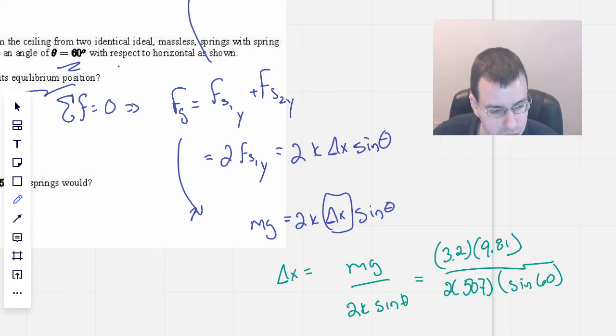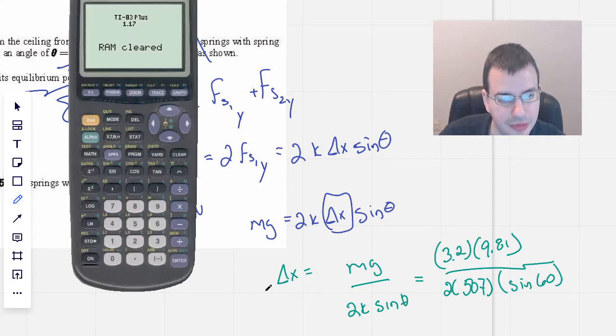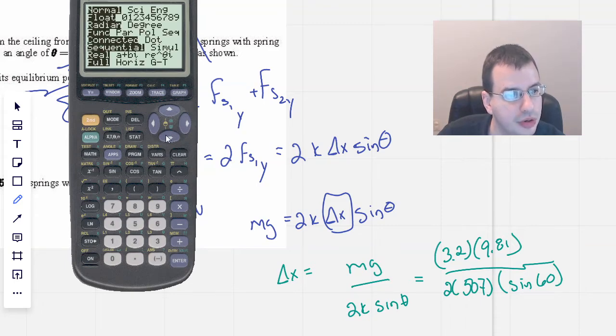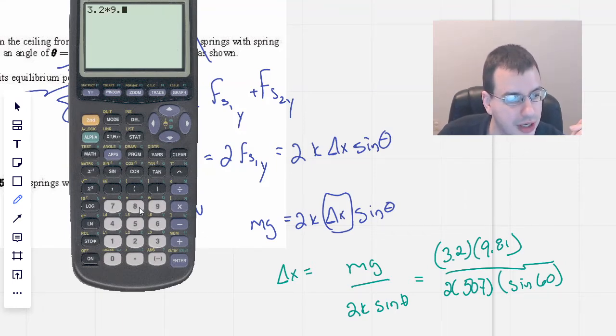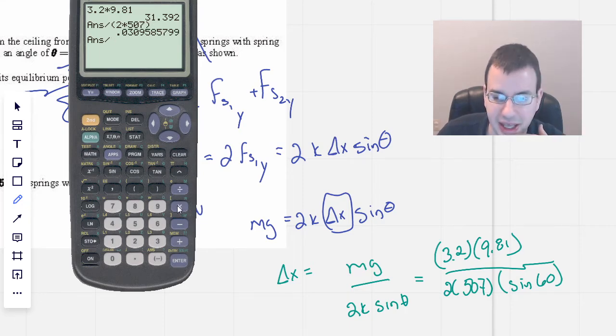So then we use our calculator. Check the mode real quick: degrees, make sure it's in degrees, not radians. We do 3.2 times 9.81 divided by the quantity 2 times 507, which is 1014, and then divide again by the sine of 60.